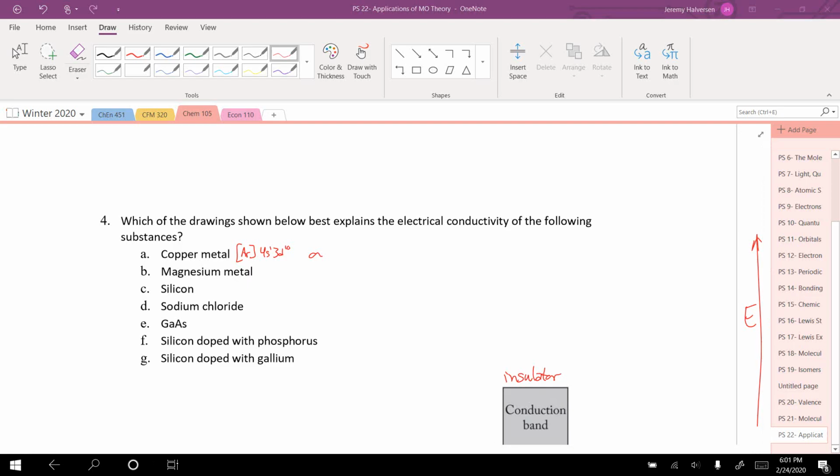Magnesium is a metal, and its electron configuration is neon 3s2. That means that orbital is full, which means it's a metal, which means it can conduct really well.